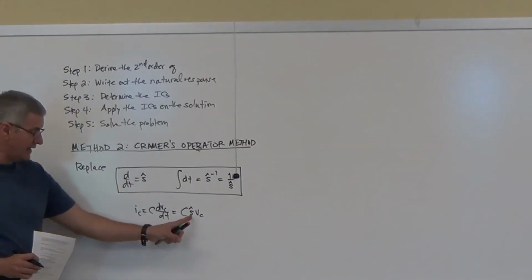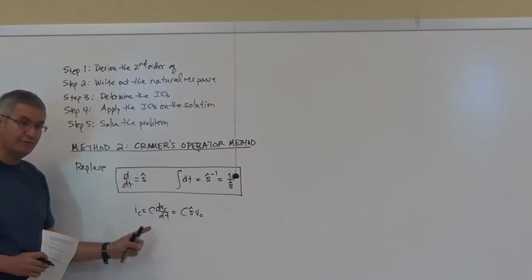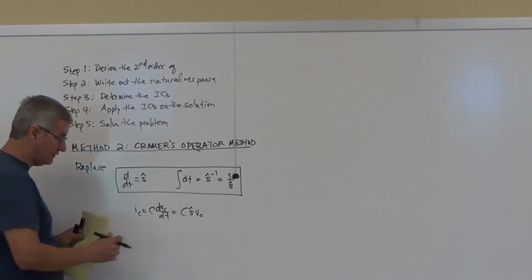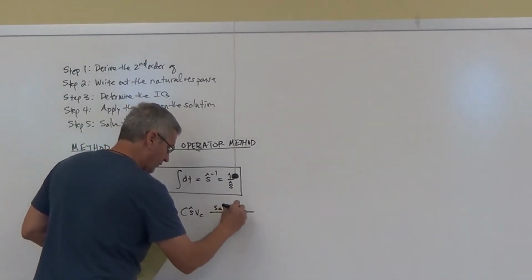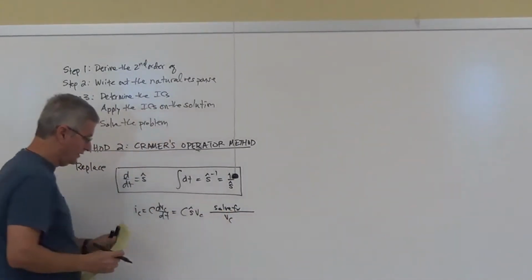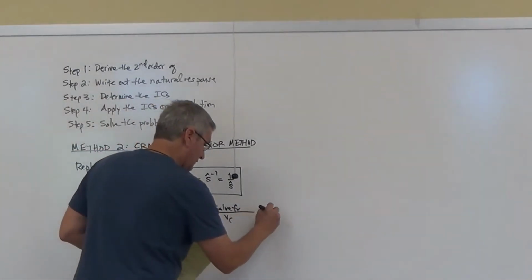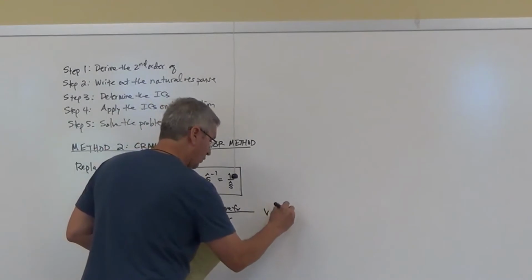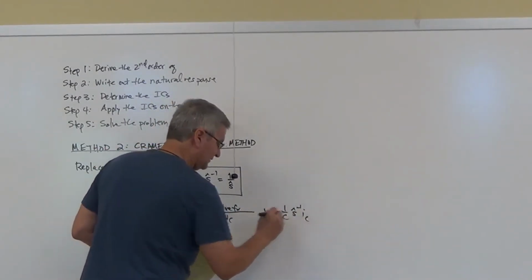If we treat s hat as this operator, it's very easy to solve for VC. So how do I solve for VC? It's VC equals 1 over C, s hat inverse, of IC.